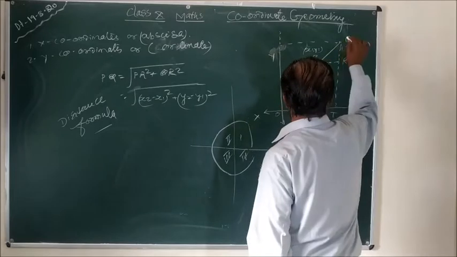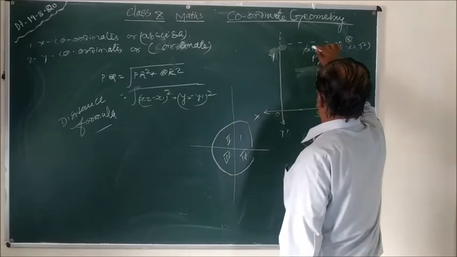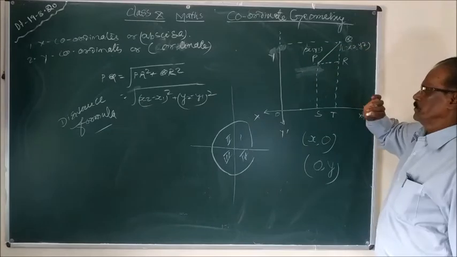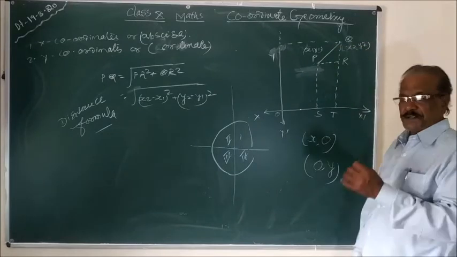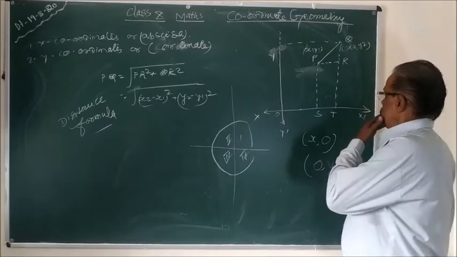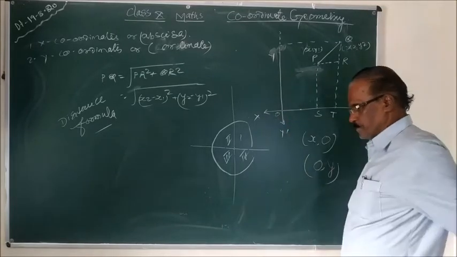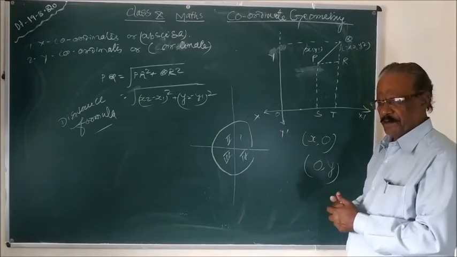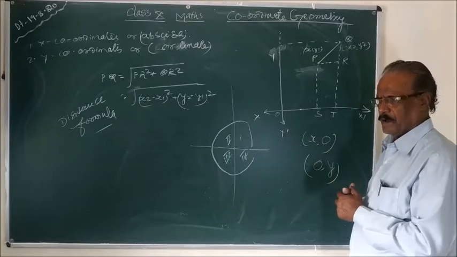Suppose 2 points P and Q whose coordinates are x1, y1 and x2, y2. You have to find the distance between these 2 points. I am trying to derive how you will get this formula.